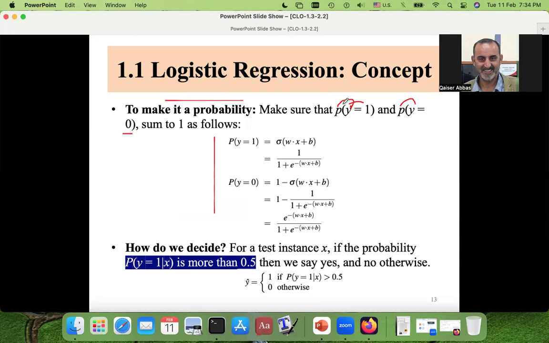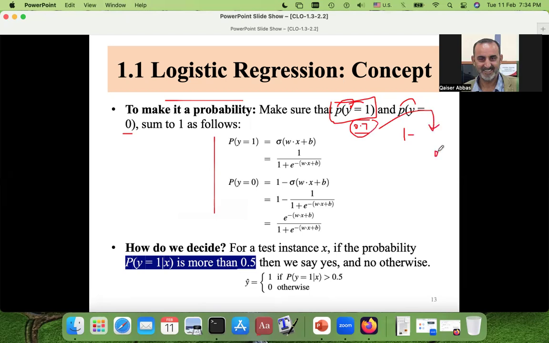For example, if this model gives us the probability value for y equal to 1, it can give us maybe 0.7. Then how can we confirm that this is a probability value? The total probability is 1, so if we do 1 minus this value, we will get maybe 0.3.